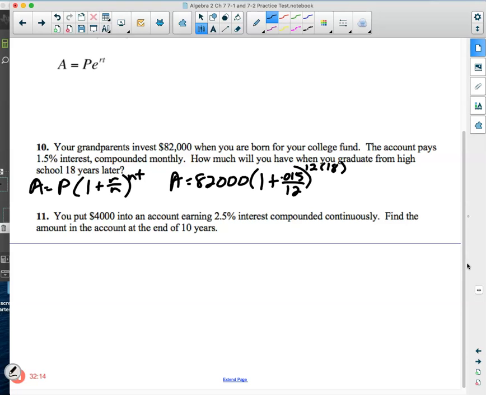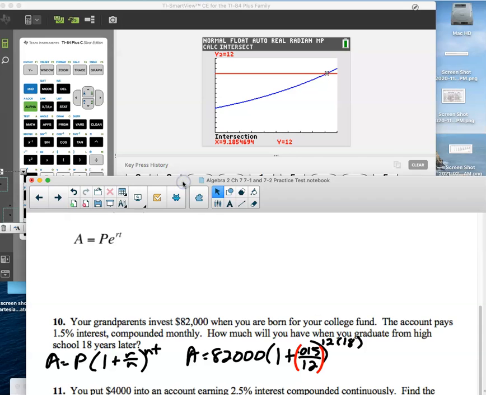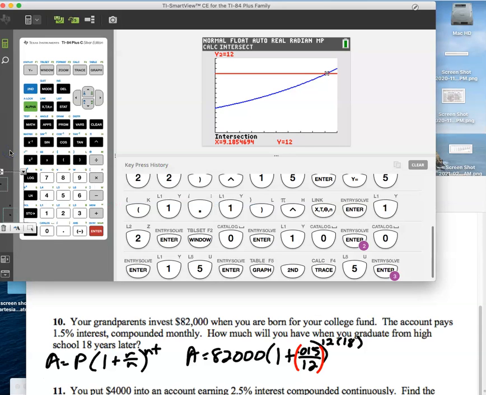So again, I don't like handing things over to the calculator. I just use the order of operations to punch this in myself. I'm going to start here, then I'm going to add 1, then I'm going to raise it to the 12 times 18 power, and finally multiply it by the 82,000. All right, calculator, let's get this thing off of here, whatever it is.